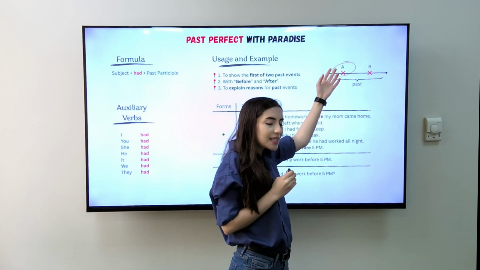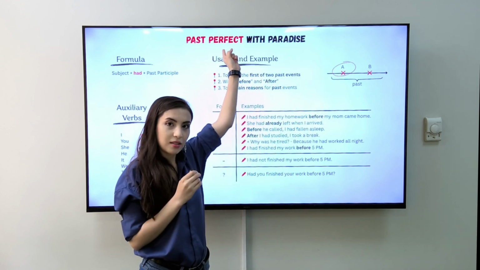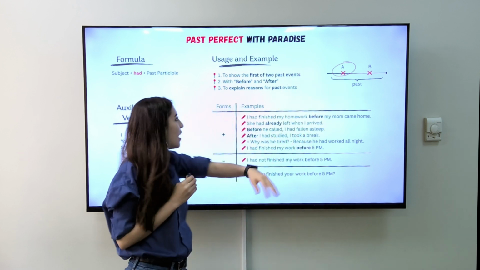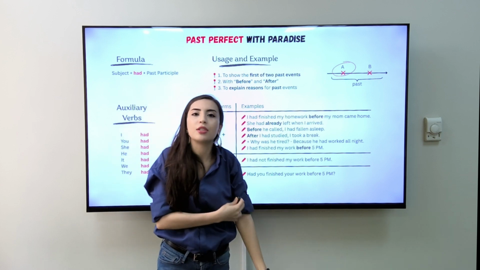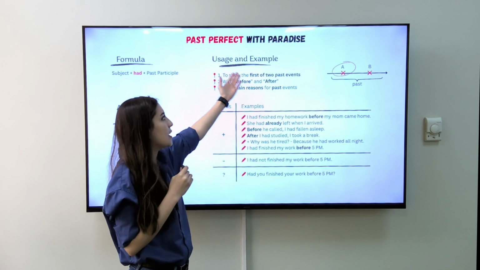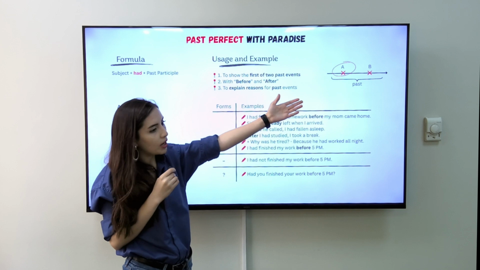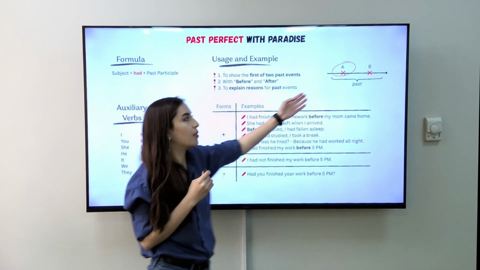For the first action, we're going to use past perfect. You get it? So it's easy. The first and most important type that we use past perfect for is this: the first action happened and the second one is the following action. For the first one, we're going to use past perfect.